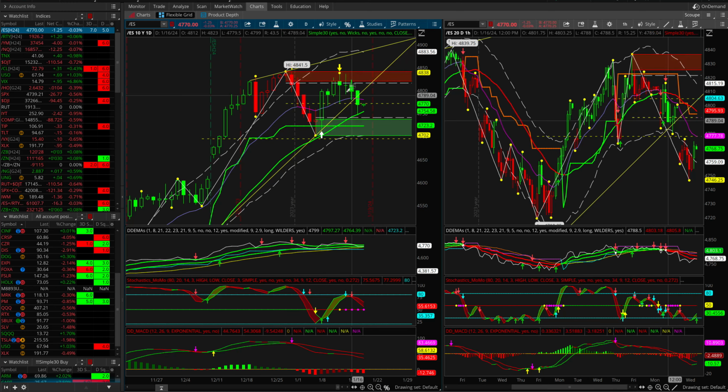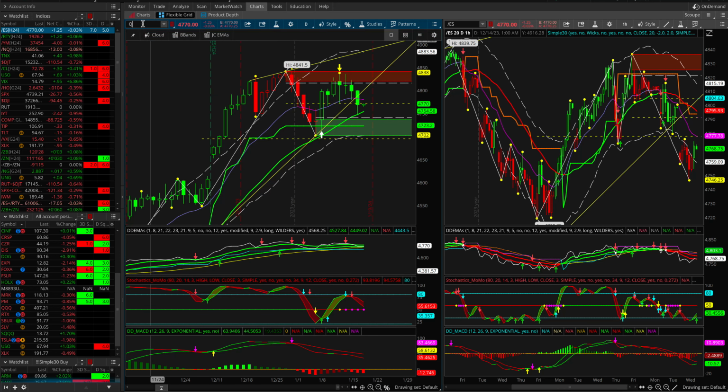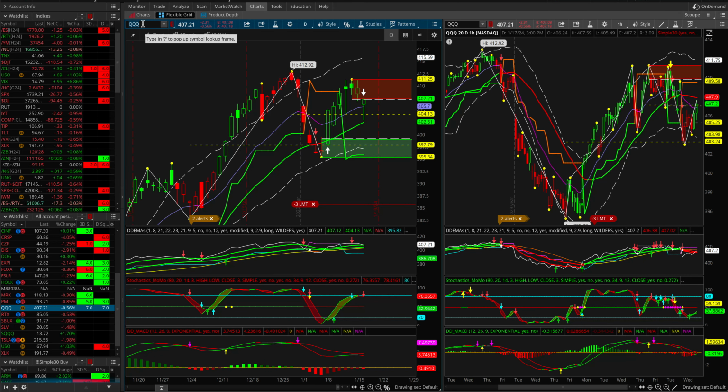We've been waiting for this thing to unwind to the downside for a bit, and I think we're finally getting it. If we look at the Qs, that's the Nasdaq ETF, exchange traded fund, you can actually see it here.